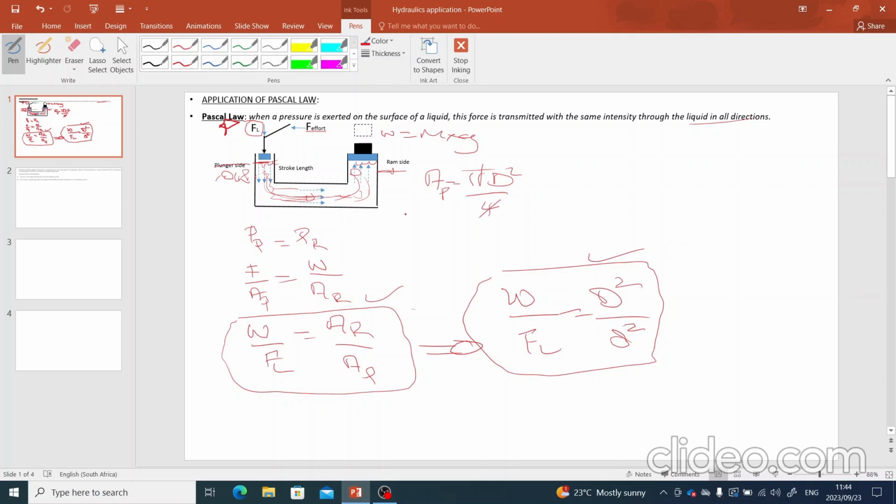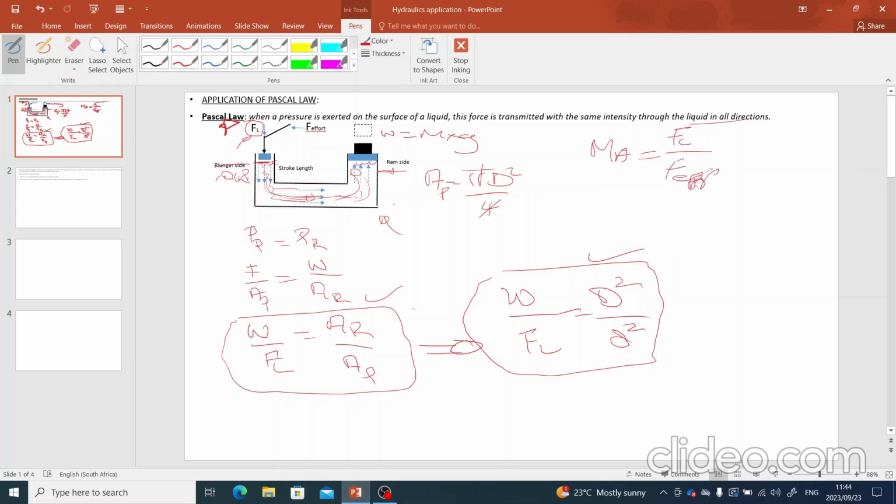Then we have to look at the equipment itself. The equipment gives you the mechanical advantage. You are able to do much of the work applying less force. In calculating the mechanical advantage, this is the formula we use: mechanical advantage equals force load over F effort.